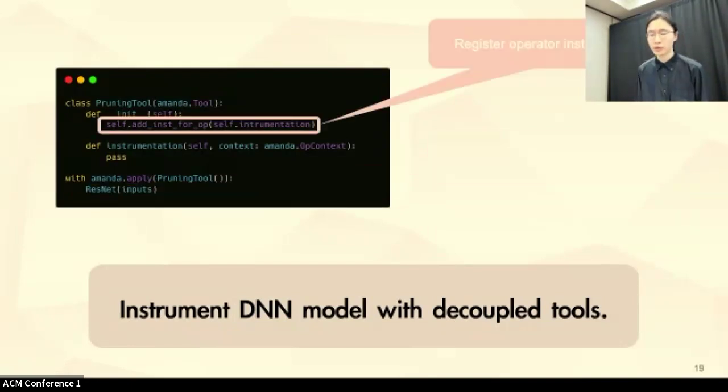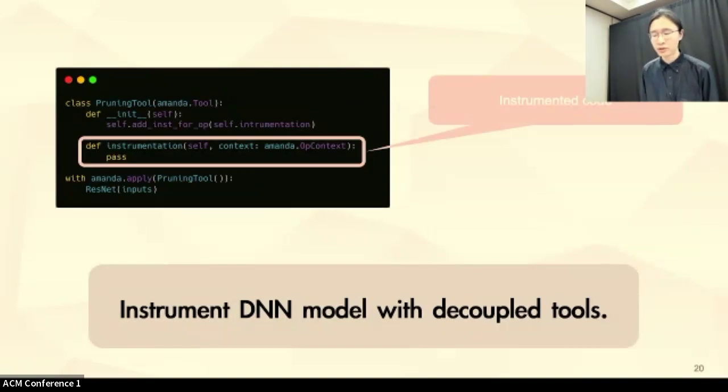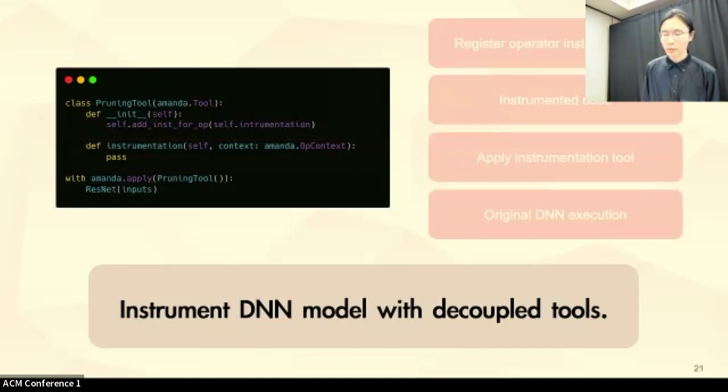And for the instrumentation tool, we have to register the operator instrumentation callback with the tool. And the inserted operator can be arbitrary, so I didn't give the detail here, but conceptually it can do almost anything here. So by doing this with this flow, we can implement different instrumentation tools and apply them to different DNN models.